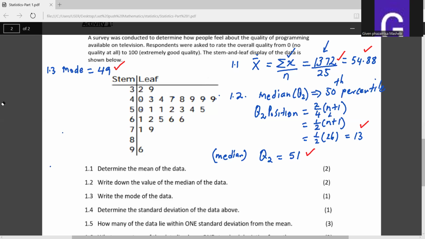Right, then the next one, it says 1.4. It says calculate the standard deviation. Calculate the standard deviation of the data above. Right, in terms of your syllabus, when we calculate standard deviation, we consider this sigma x, which is a population standard deviation.